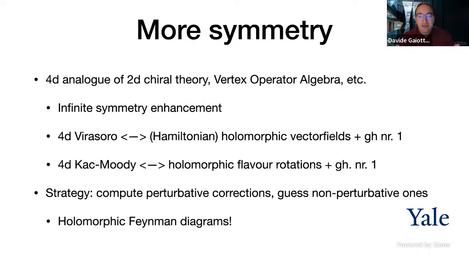And the general strategy we're trying to follow is, so an important point is that these holomorphic theories receive both perturbative and non-perturbative corrections. And so what we're trying to do at the moment is to understand the perturbative corrections as a first step. So we're trying to compute pretty much in perturbation theory this factorization algebra structure, in the hope that then we can sort of guess or figure out the non-perturbative corrections to that. It's a bit of a spectral sequence intuition, where you first do the things that are not too small, and then you do things that are smaller.